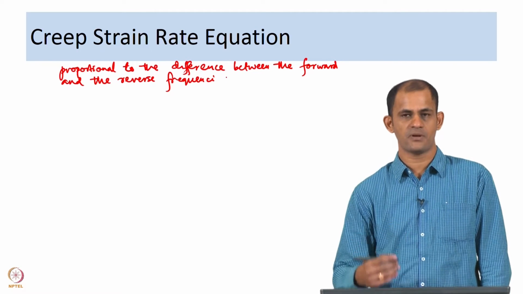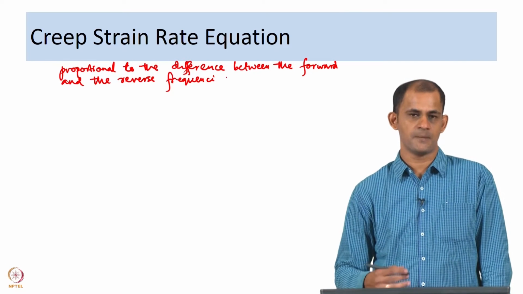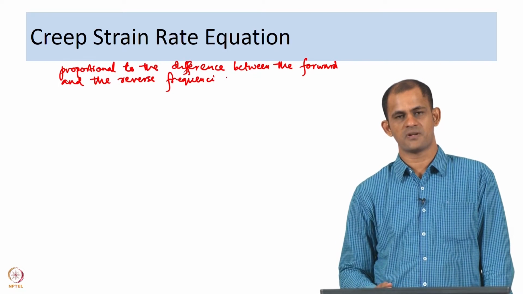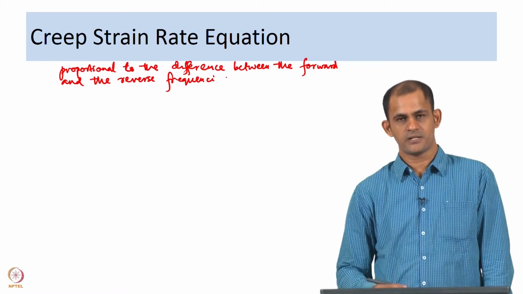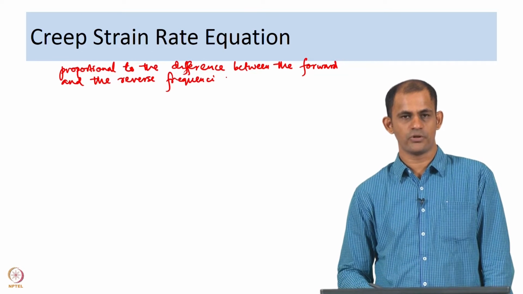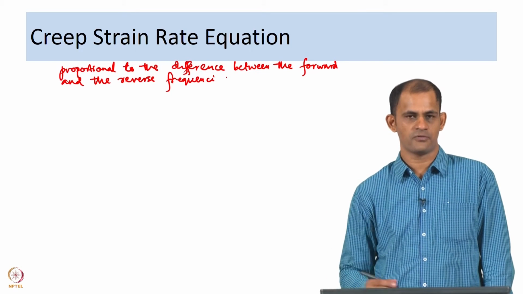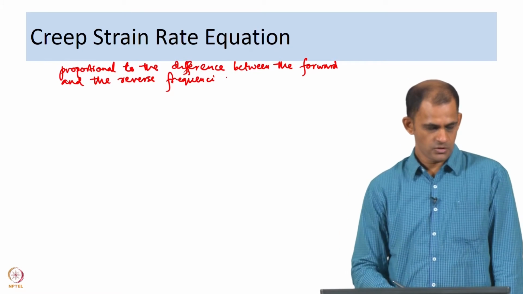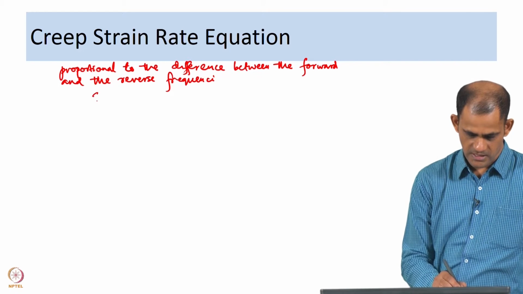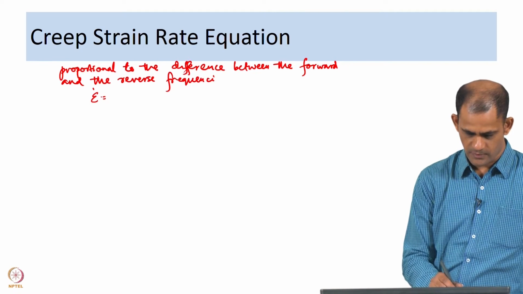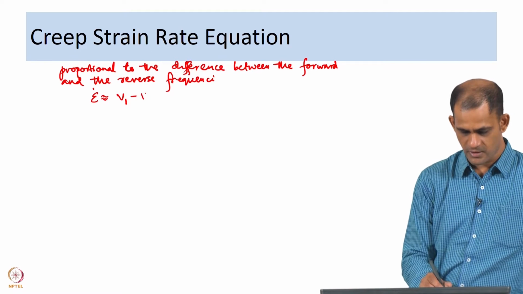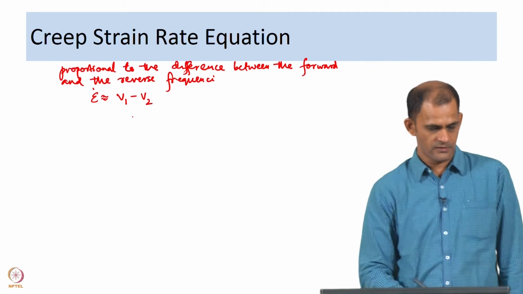So, the number of jumps possible from A to C will be higher than the number of jumps possible from C to A. So, the net strain rate of deformation is going to be approximately the number of forward jumps minus the number of reverse jumps.